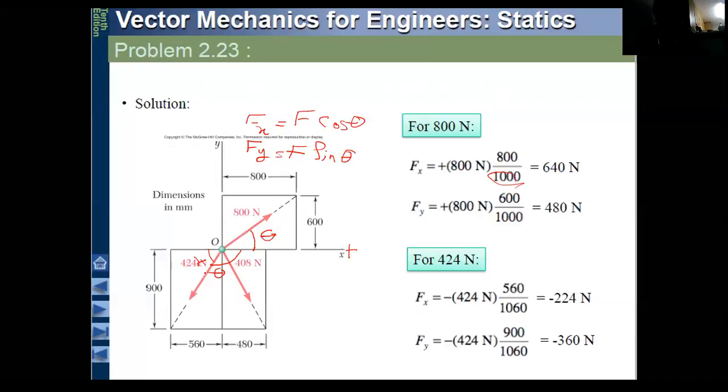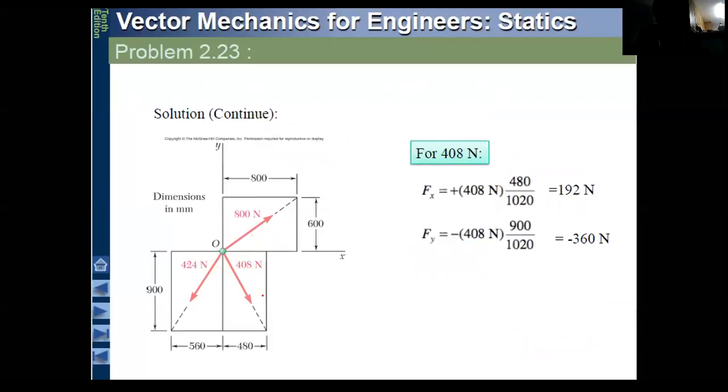It is very obvious here that this vector has a minus sign in both its x component and y component. So for F of x and F of y, we have minus 224 and minus 360. And you can calculate the sine of theta and cosine of theta like before.